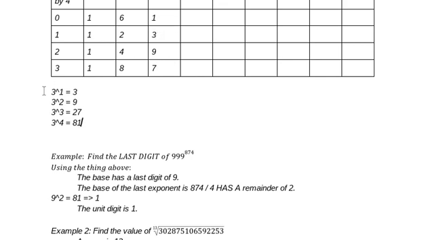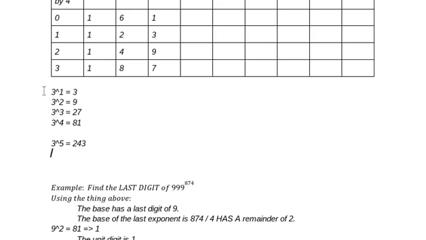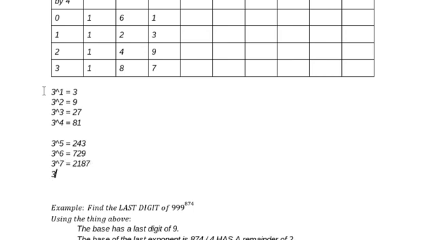What you do then is that you times those numbers again. 3 to the power of 5 is equal to 243. 3 to the power of 6 is equal to 729. 3 to the power of 7 is equal to 2187. 3 to the power of 8 is equal to 6561, sorry. So as you can see, when you times it by 9, you'll find that the last digit again becomes 3. So you can see that it has a recursive pattern, 4.